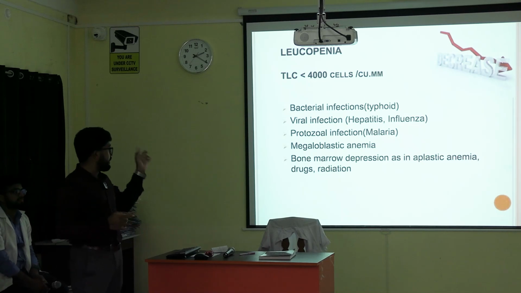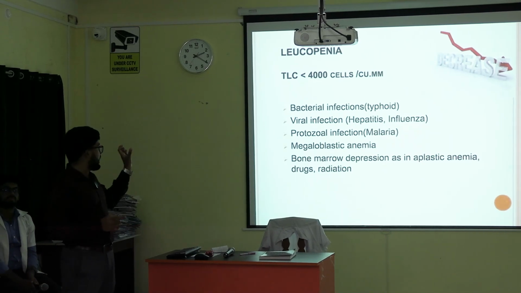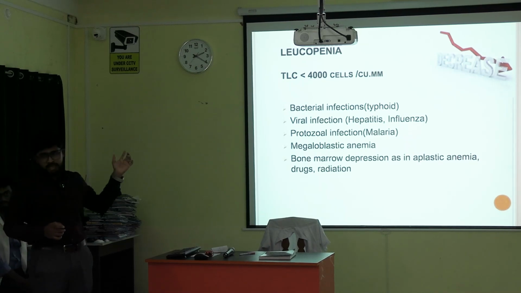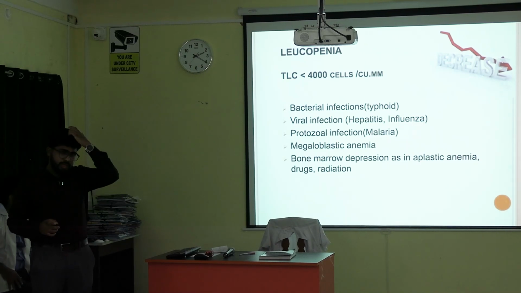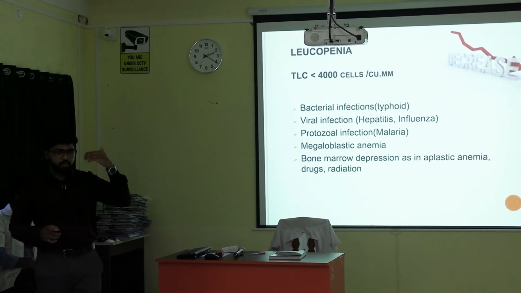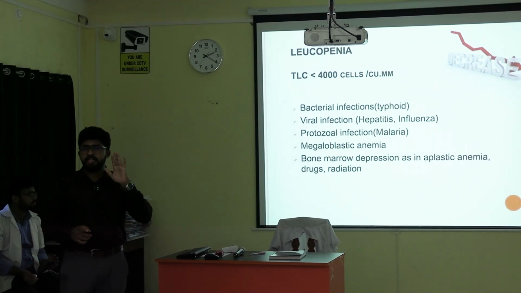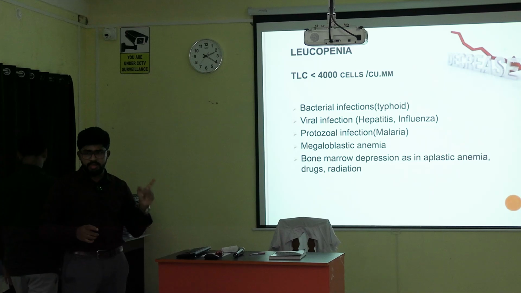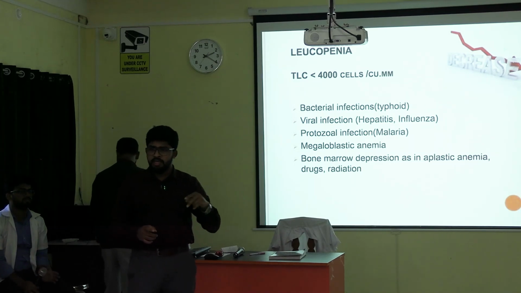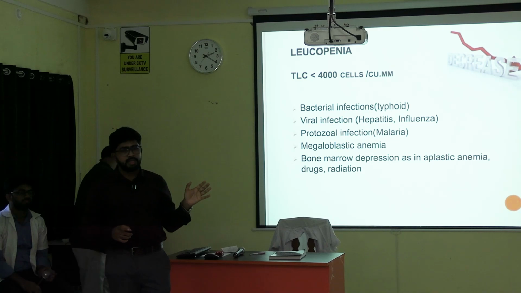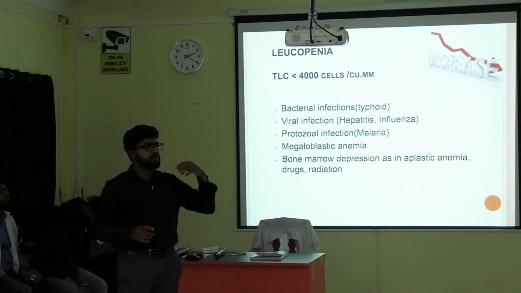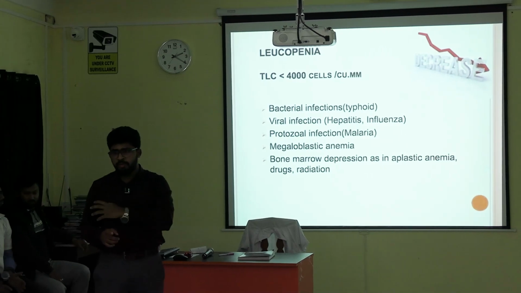Then comes hepatitis and influenza under viral infections. In viral infections like hepatitis and influenza, there can be two things. One thing is the virus directly going into the bone marrow and suppressing the bone marrow activity. The second thing is, in case of any infection, there is some sort of inflammation, isn't it? There are some markers associated with the inflammation.